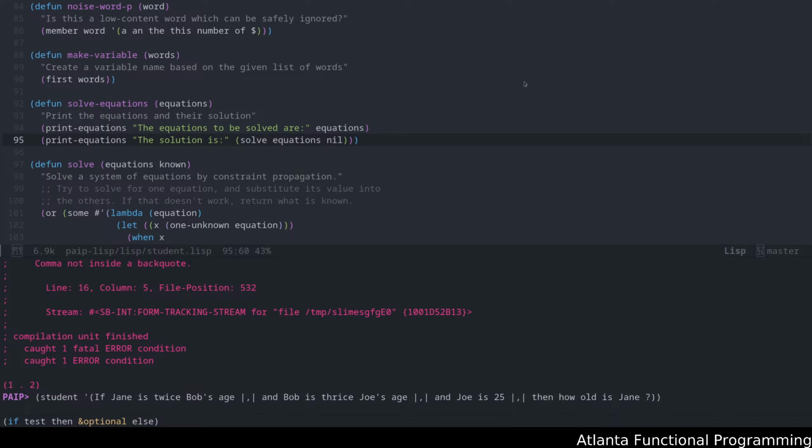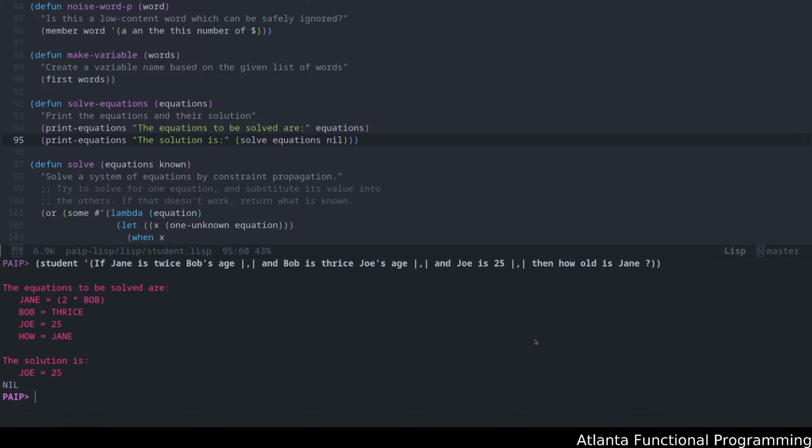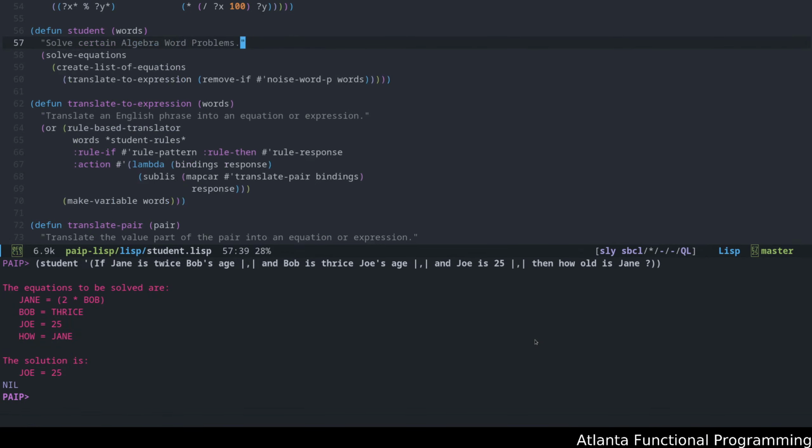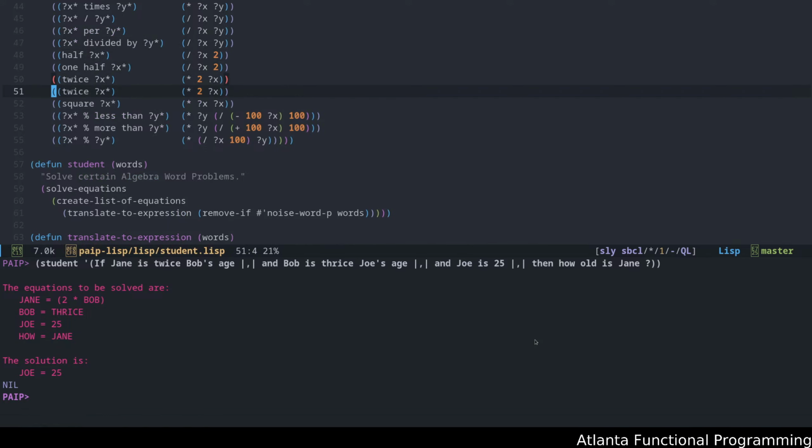If you write thrice like this, even though you didn't change the semantics of the word problem, Student will not understand it and ends up creating the following set of equations. This just illustrates the point, and it's something I will extend, because it's nothing more than a simple extension of Student's rules, where we have twice here. We could just create a thrice.